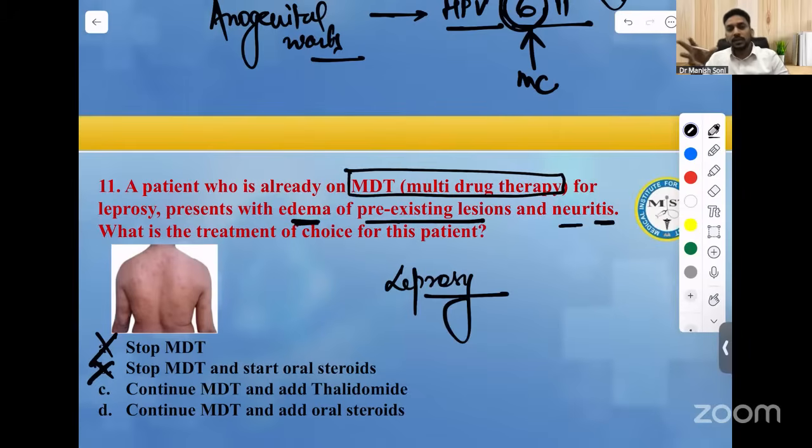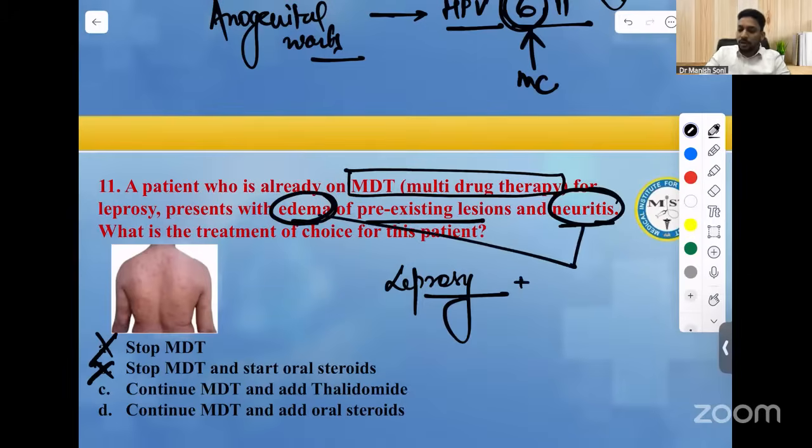Now, the problem here is that the patient has leprosy and is taking treatment for that, that is, MDT, but is developing edema of the lesions and inflammation of the nerves. So why is this happening? All this is happening because of lepra reaction.